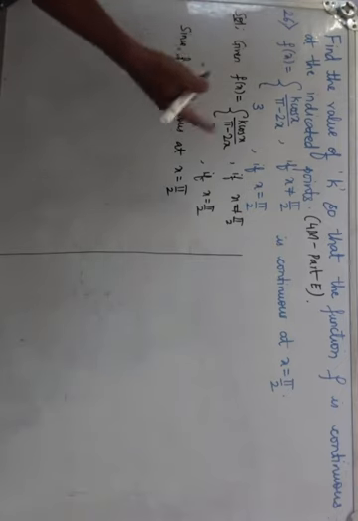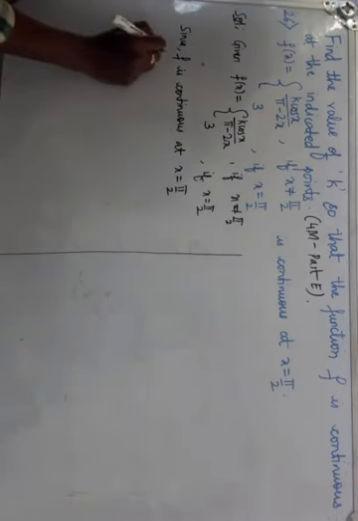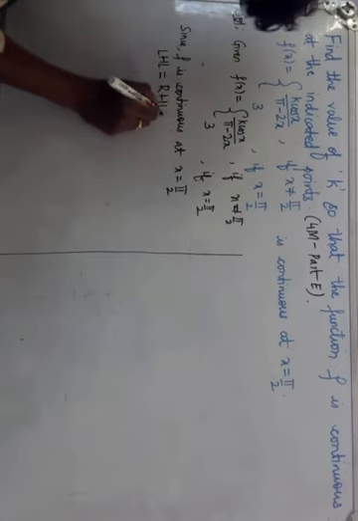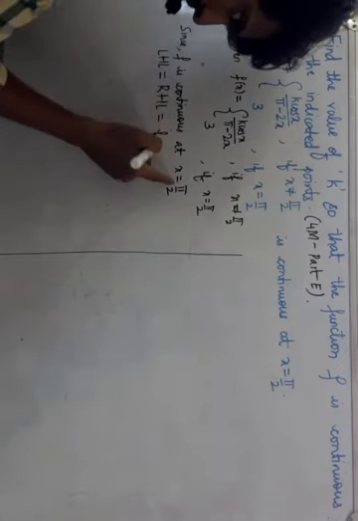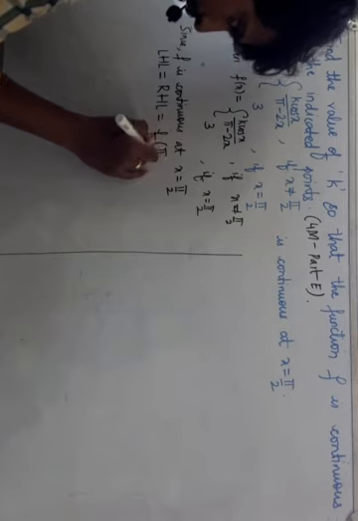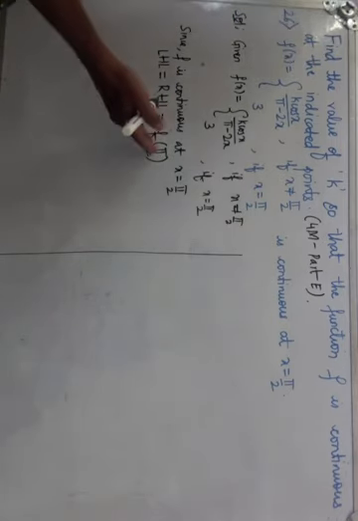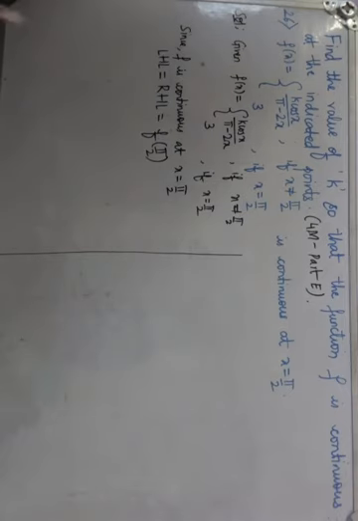So if the function is continuous, what should happen? LHS should be equal to RHS should be equal to the value of the function at the given point, f of pi by 2. So calculate these three and equate them, and you will get the value of k.